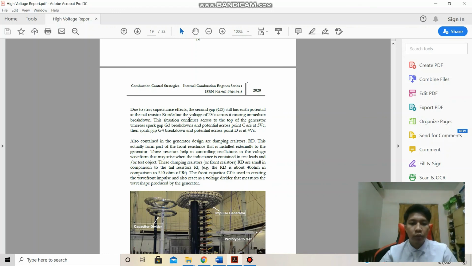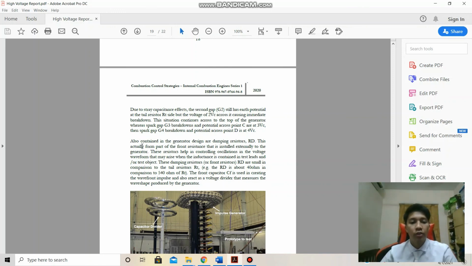This situation continues across to the top of the generator, where the spark gap breaks down and the potential across point C is 3V. Then spark gap G4 breaks down and the potential across point D is 4V.